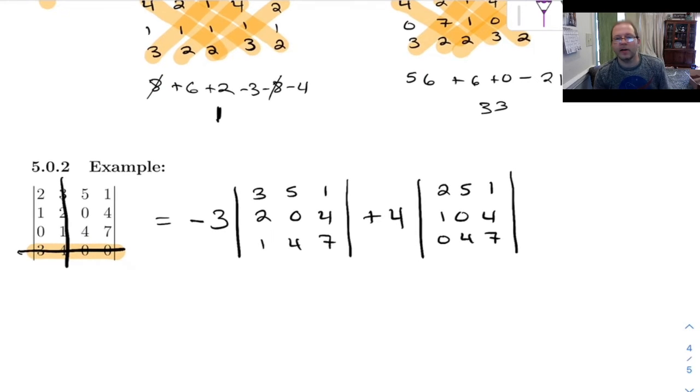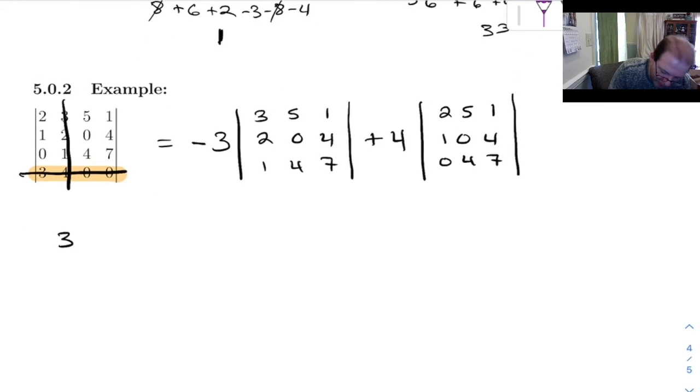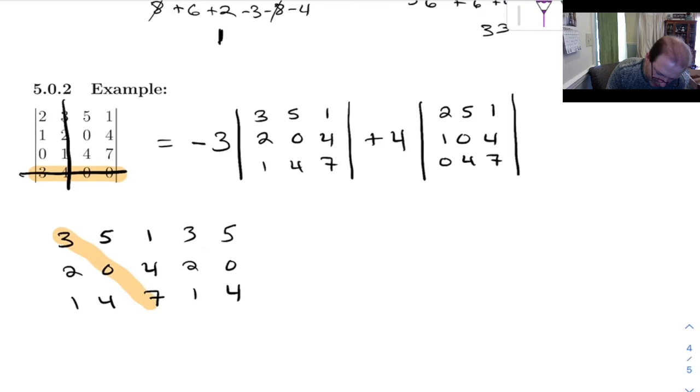All right, now I've got to do these two smaller determinants. Let's see, 351, 204, 147. At least this one has some zeros in it, so we get 0 there. For the added numbers, we get 0 plus 20 plus 8.